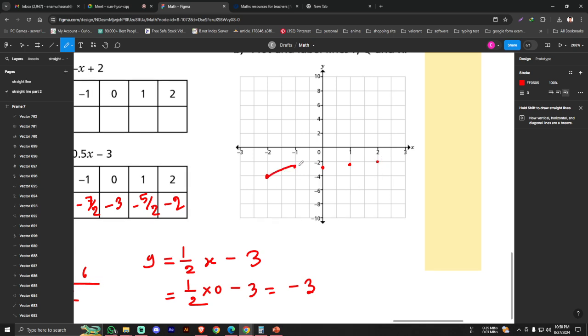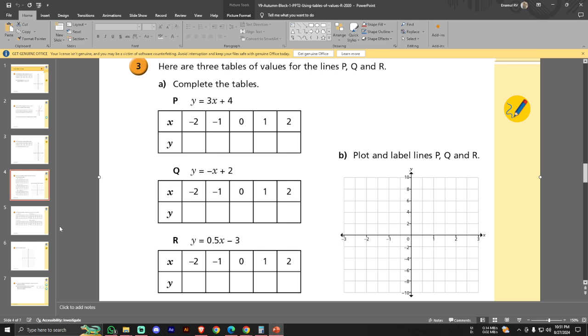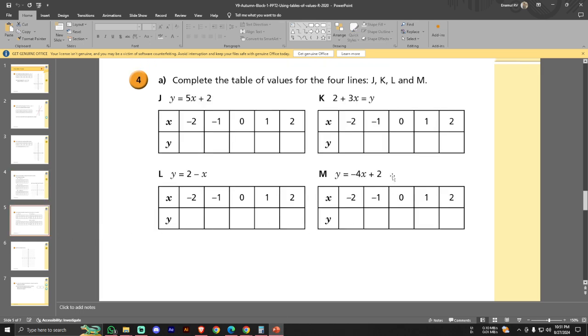So the line is something like a zigzag. This is the line of the graph. Do you understand how to put the points? Okay, so do it at home if you have any confusion, and tell me in the next class. The rest of the questions give you an equation and you fill up the box, same thing, right?